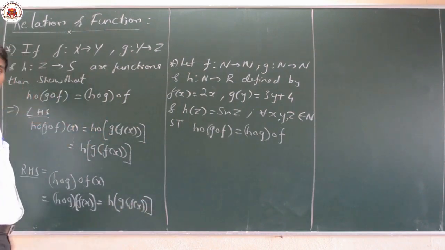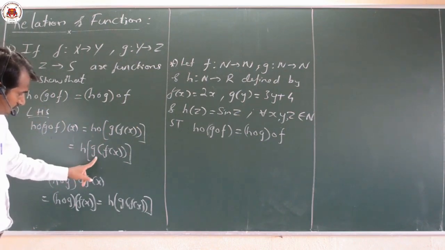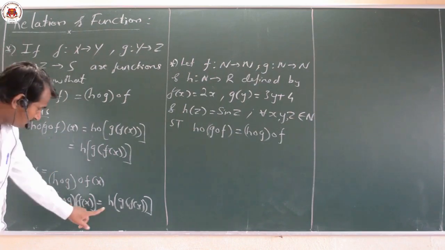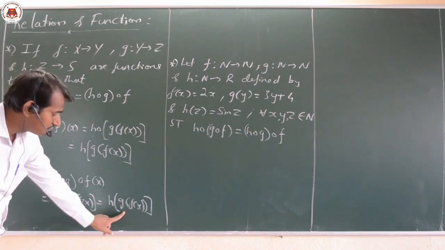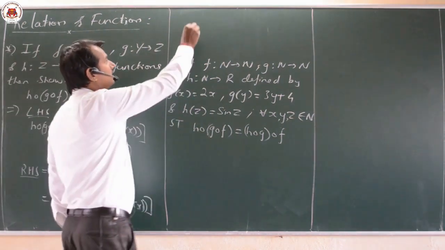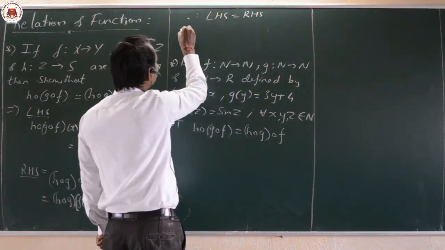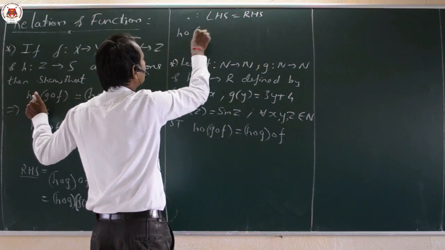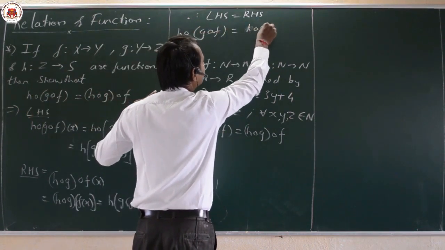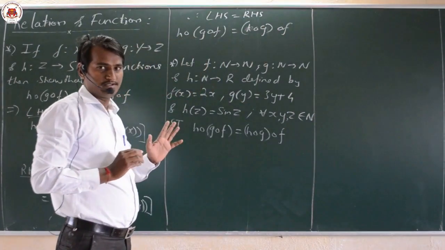So hence what we can observe here is h of g of f equals h of g of f of x. We can observe that both are the same here. Both are the same means what we had proven here. Therefore LHS equals RHS. So we had proven that h of g of f equals h of g of f. Okay, this is our required result.